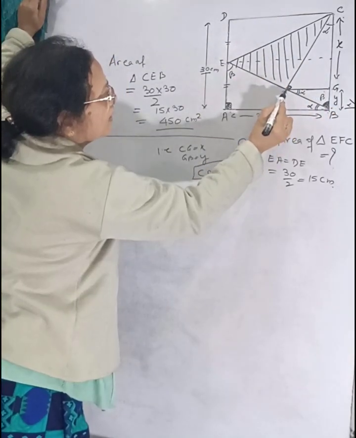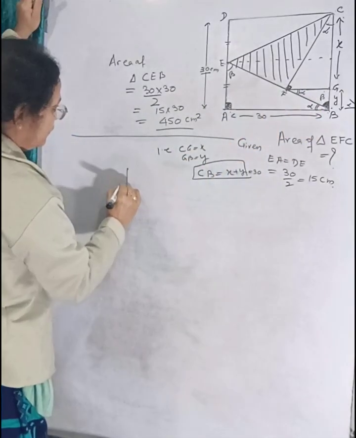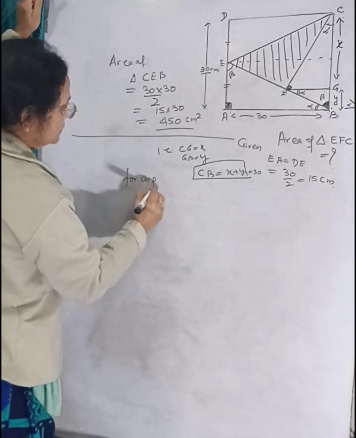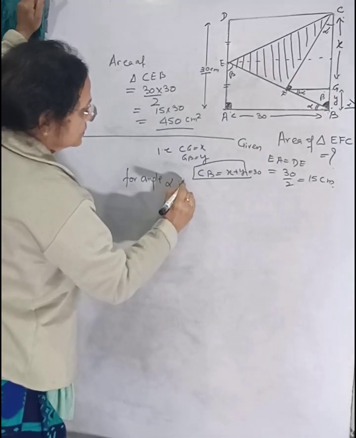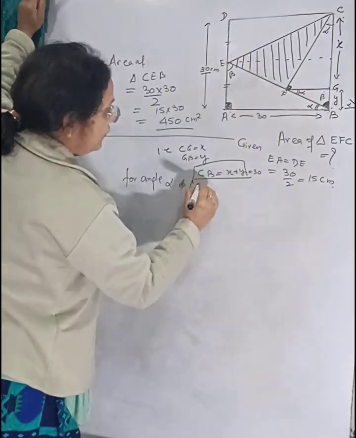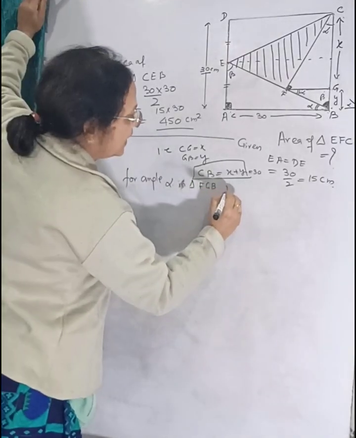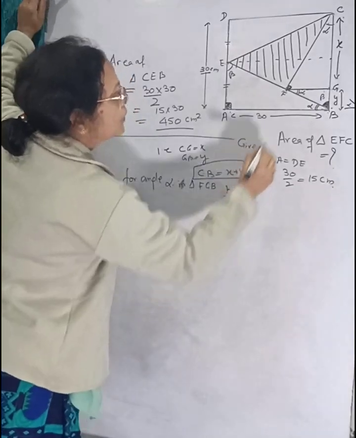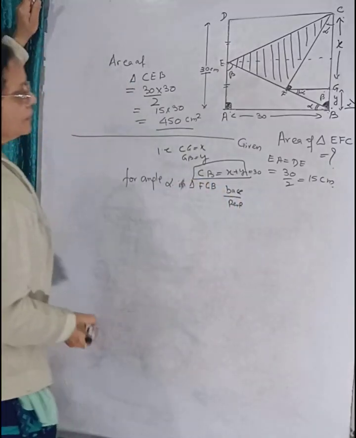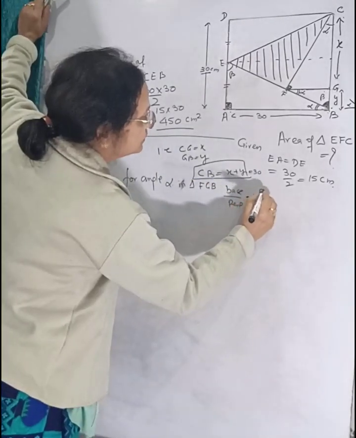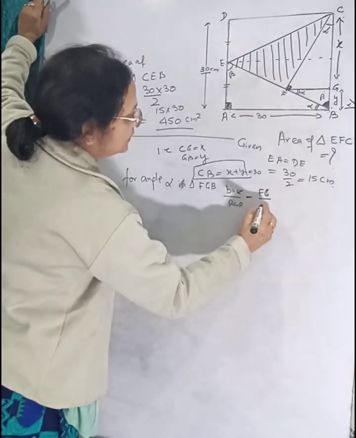Now we are taking the triangle FGB for angle alpha. For angle alpha in triangle FGB, we are taking base upon perpendicular. This will be equal to FG upon GB.